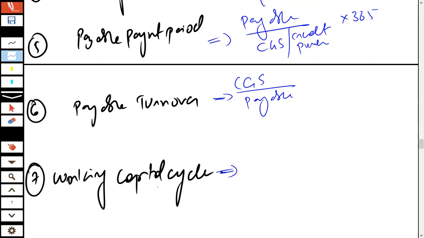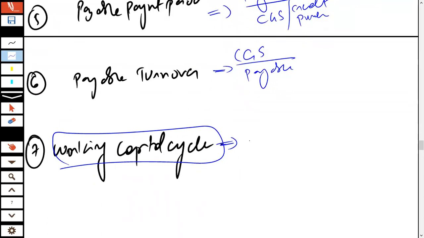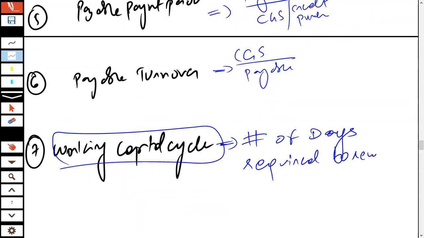The working capital cycle, what does it actually tell you? It tells you the number of days required to recover a $1 investment in working capital.